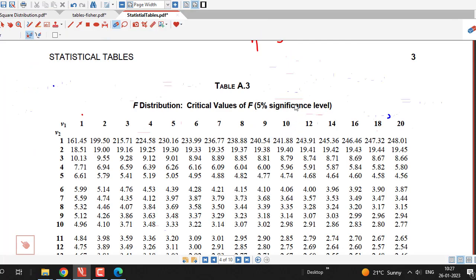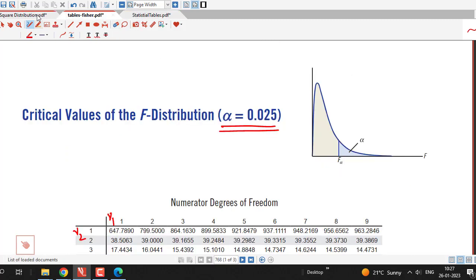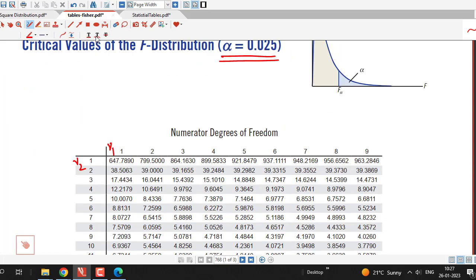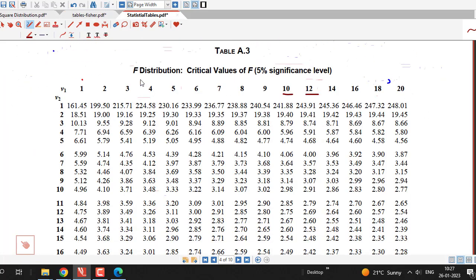You can see nu1 is given for 10 and 12. And what is nu2? Nu2 is 4, so that means we are interested in this line. But for 11 we do not have values. Numerator degrees of freedom 11 is not given in this table.